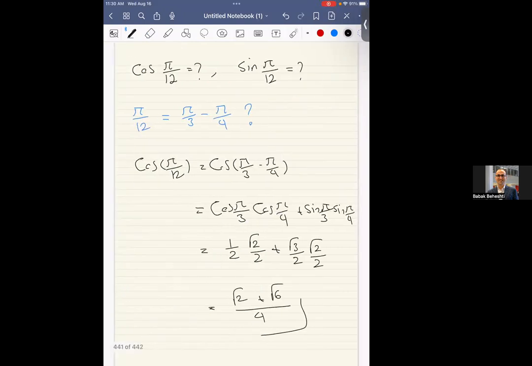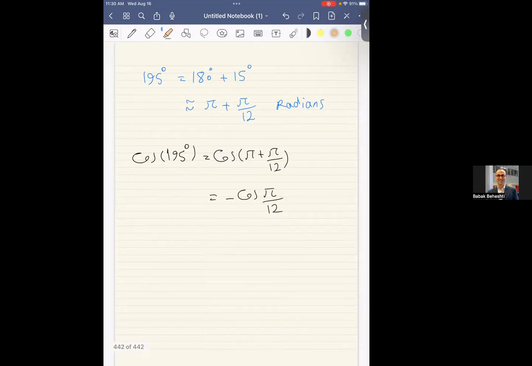But I just computed cosine of pi over 12, actually. So this is exactly the negative of this value. For sine, you have to do the same thing.